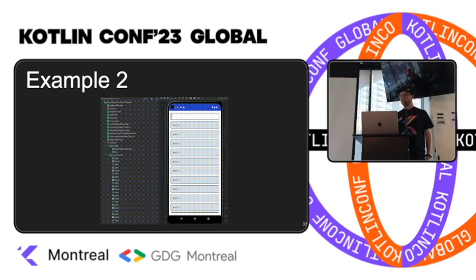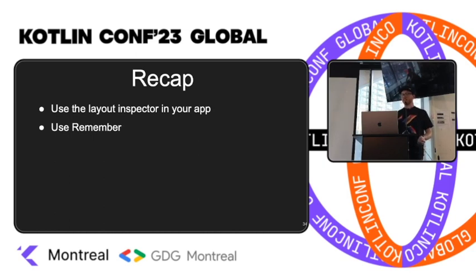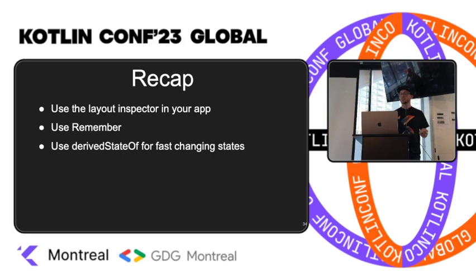So just to recap, use the layout inspector in your app to make sure that there's no crazy recompositions going on. Use remember to prevent heavy computation once recomposition occurs. Use derivedStateOf for fast changing states like the scroll that we saw earlier.